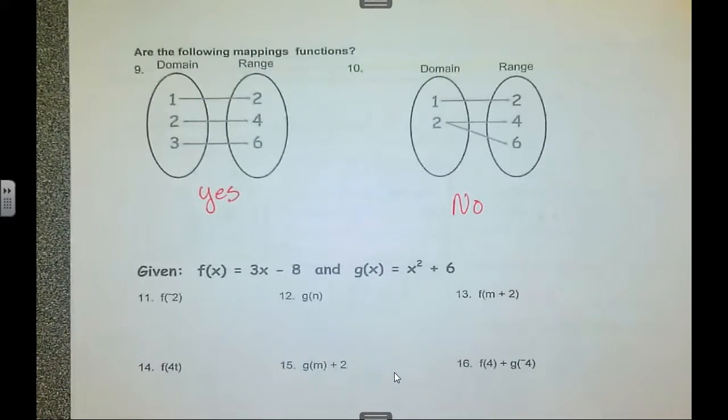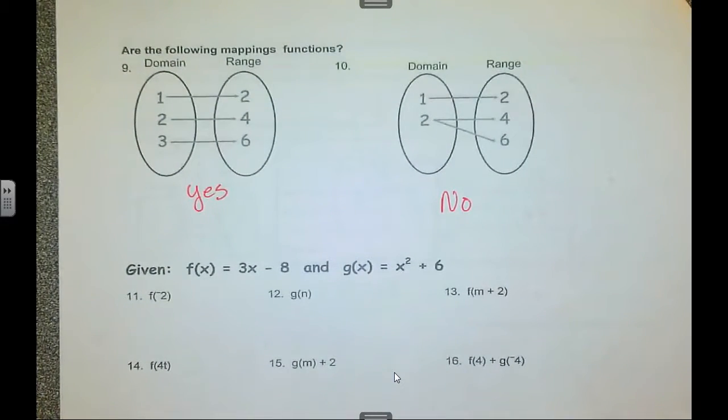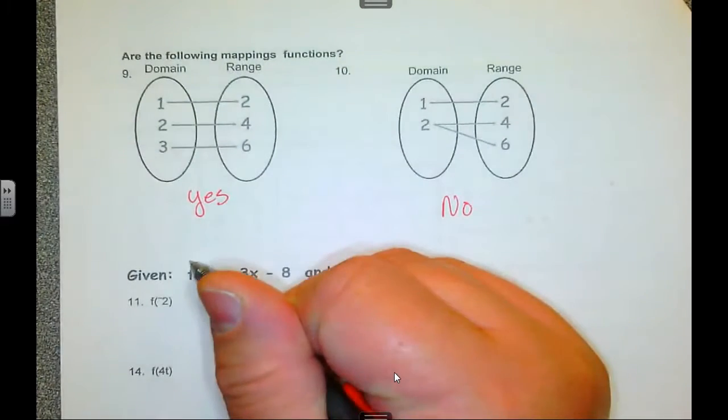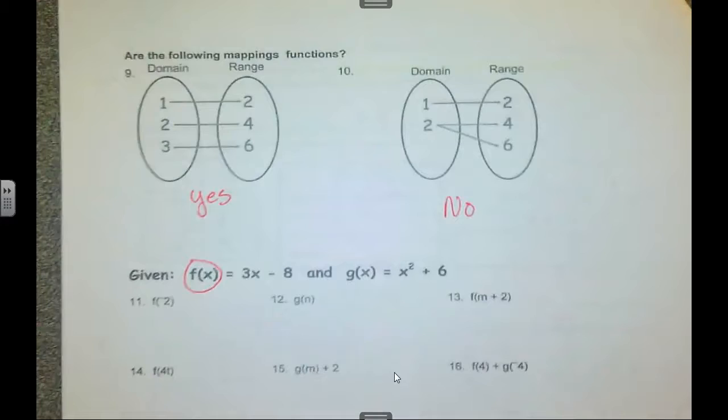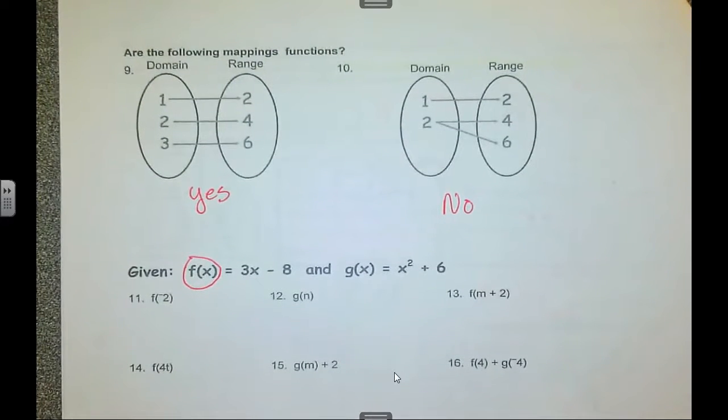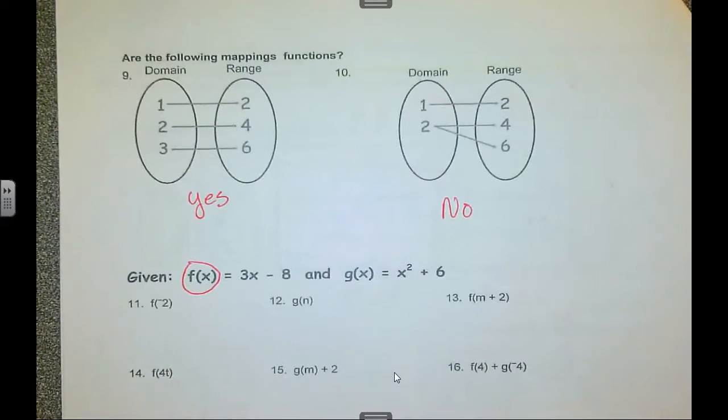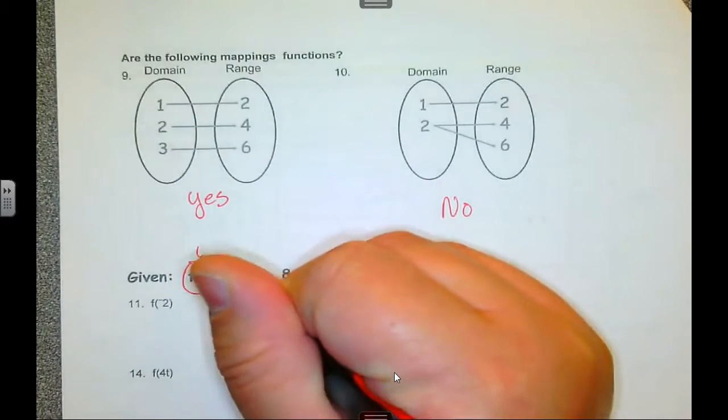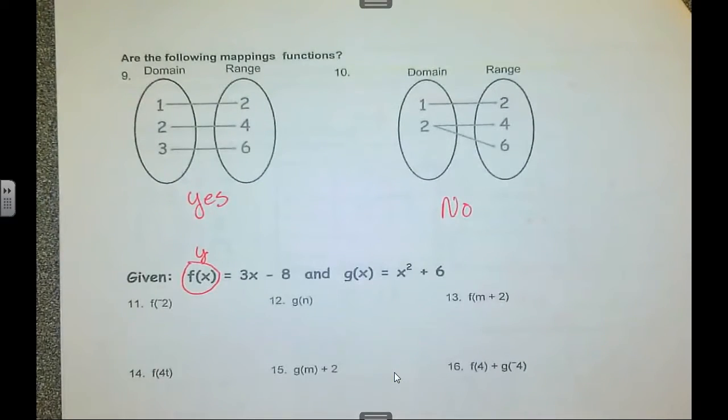All right, this next part is probably the hardest part of this whole section. The f of x, see this notation here? That's called function notation. All we're doing here is replacing y with the f of x. That's all we're doing.